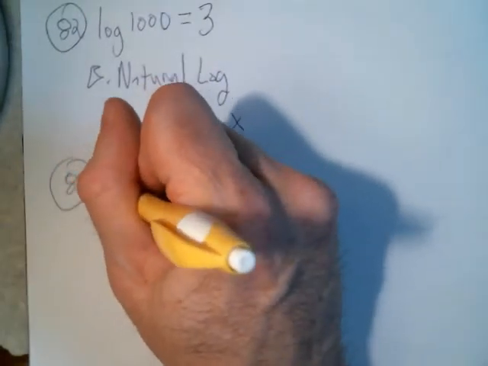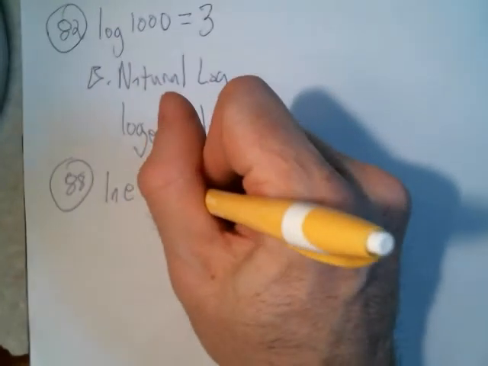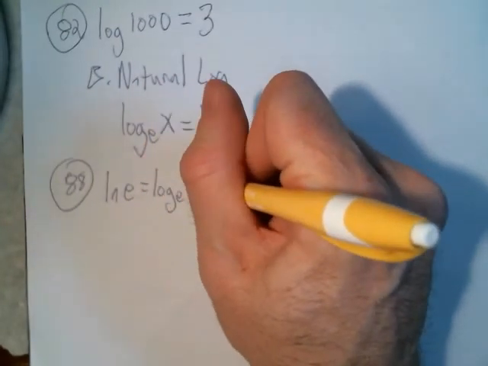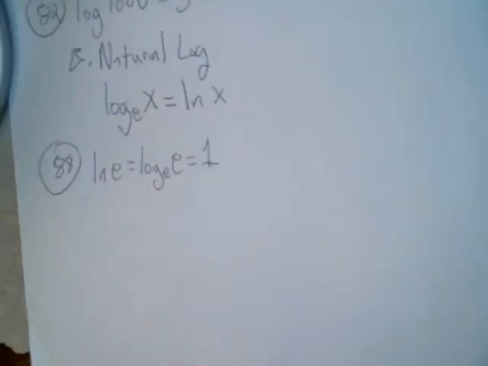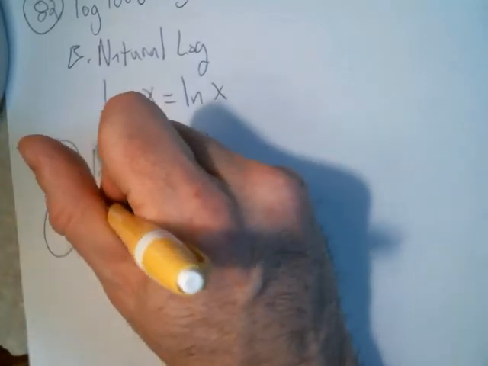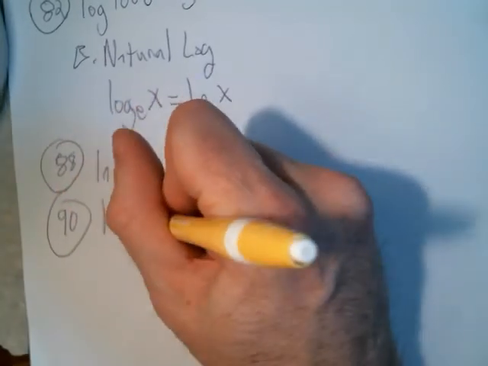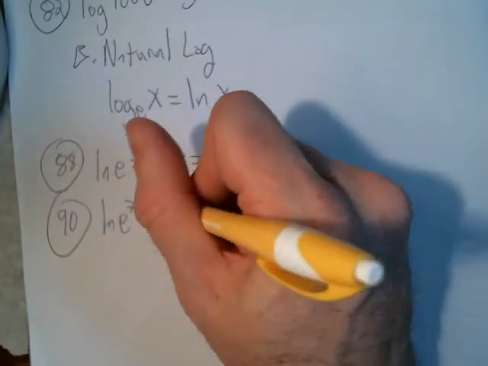Let's look at a couple. The natural log of e. Okay, so this is asking log base e of e. In other words, e to what power is e? And that's just going to be 1. Number 90, the natural log of e to the 7th. Okay, so log base e of e to the 7th. That's just going to be 7.